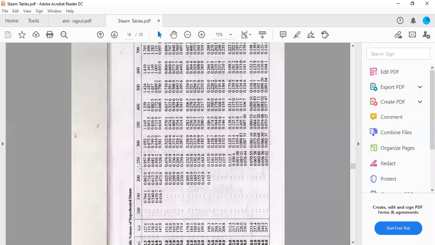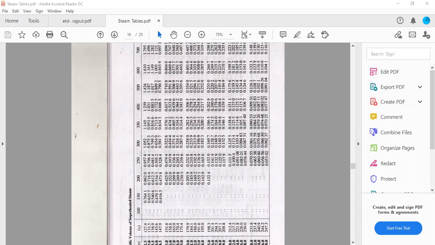Enthalpy value, the second column, I think. See on this side, the values: specific volume, enthalpy. These are the enthalpy values. So in that way, you can read the enthalpy value, H value. It is 2850 kilojoule per kg.